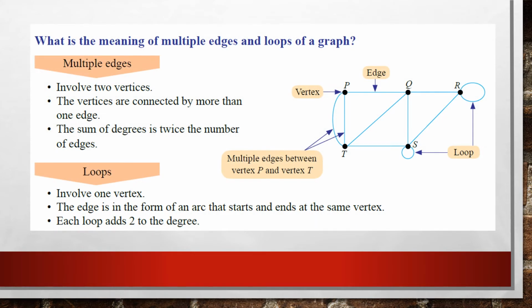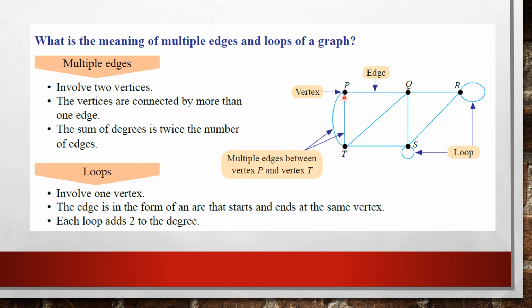Here you must know the meaning of multiple edges and loops of a graph. You can refer to your textbook, page 132. What is a multiple edge? A multiple edge involves two vertices, for example in this graph, P and T. The vertices are connected by more than one edge.